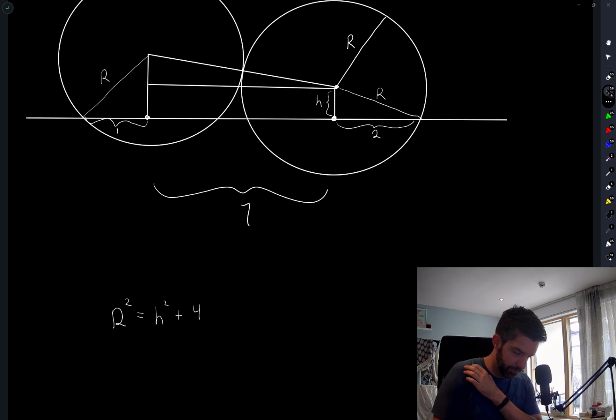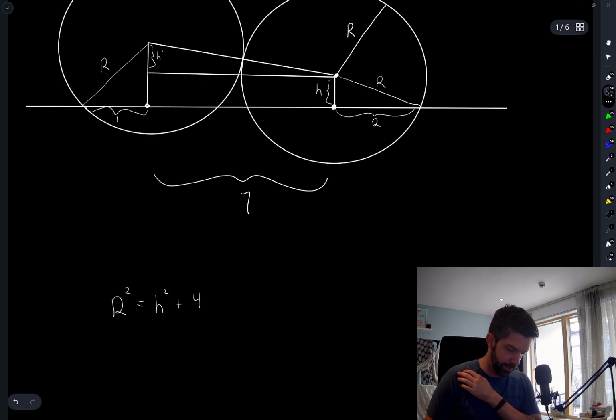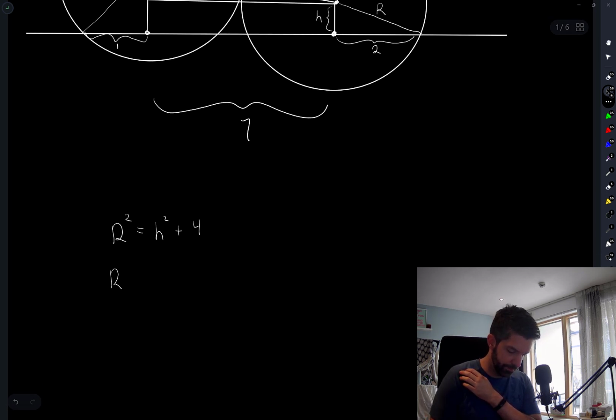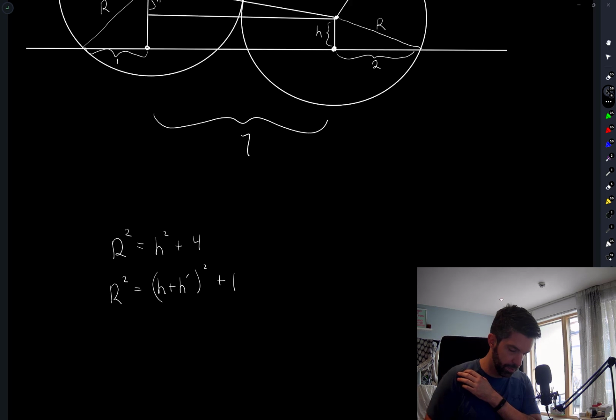And if I call this larger height h prime, then I have r squared is equal to (h plus h prime) squared plus 1.